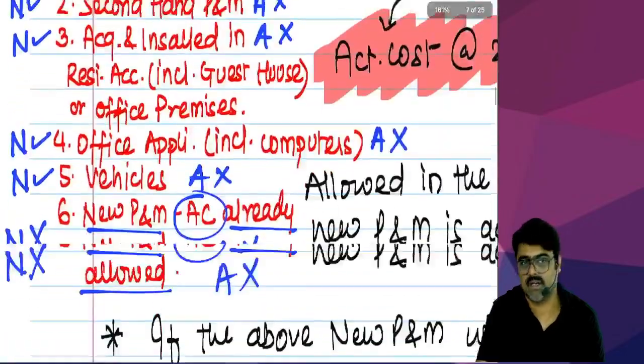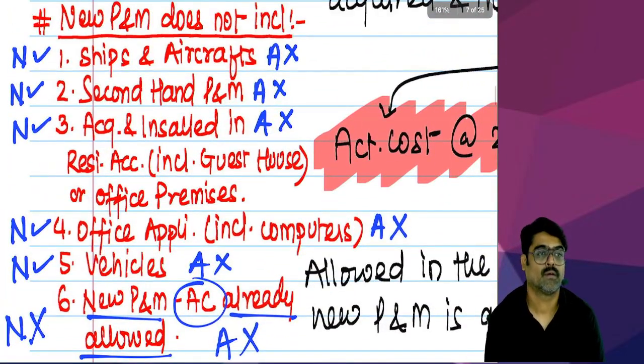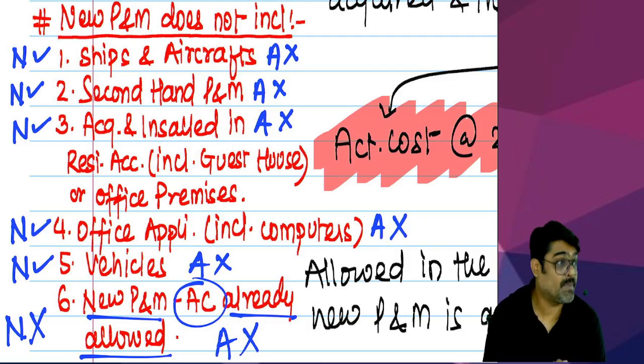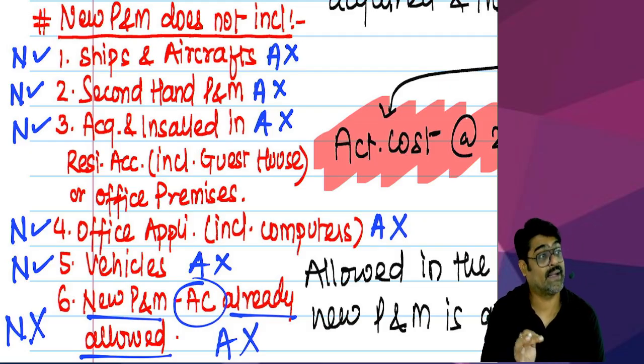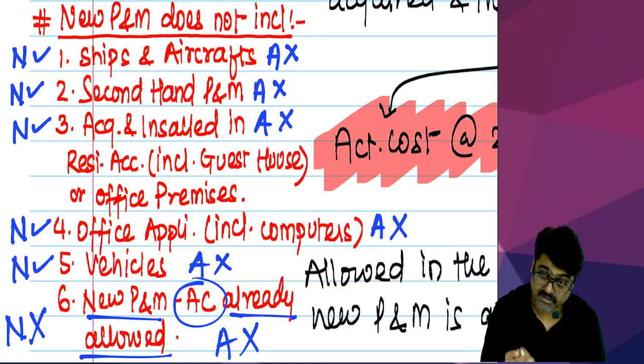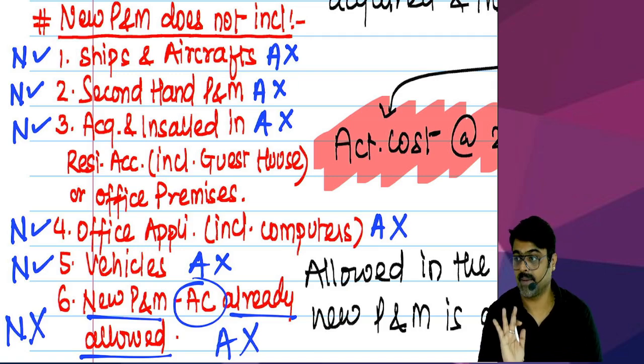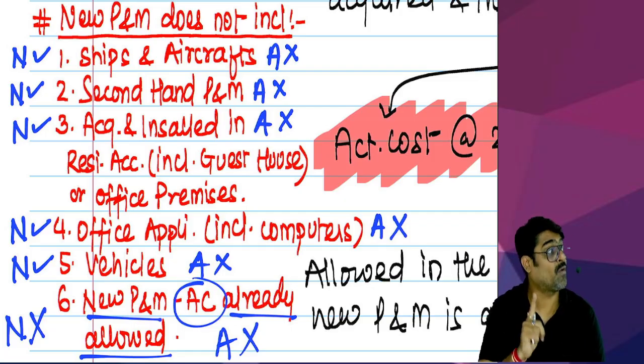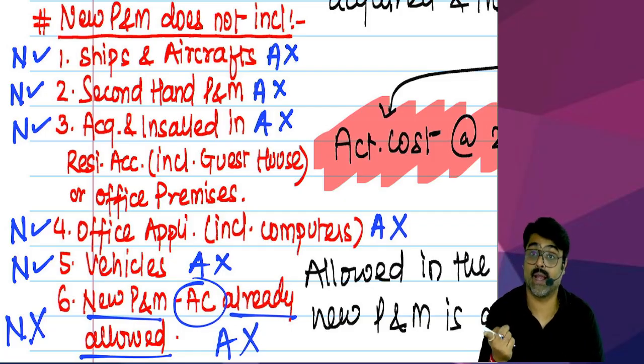Six plant and machineries. Will you remember the names? First one, second one, second-hand plant and machinery. Third one, any plant and machinery which is acquired and installed in residential accommodation including guest house or office premises. Next one, any office appliances including computers.